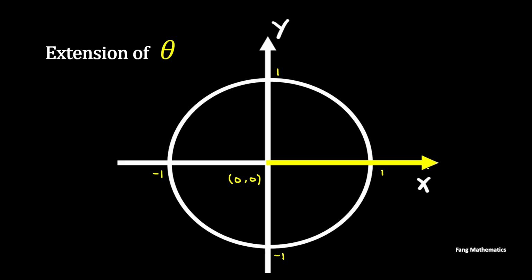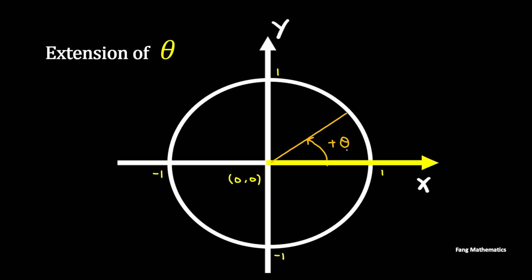And let's look at this yellow arrow. This is what we call the positive x direction. We are to take theta using this positive arrow. If we start from this positive x direction and go anti-clockwise, this angle we say is a positive angle.